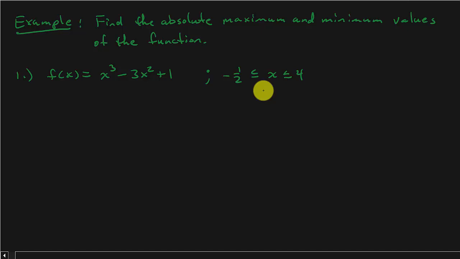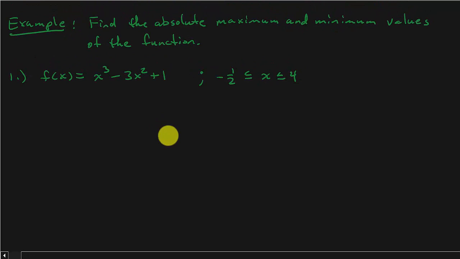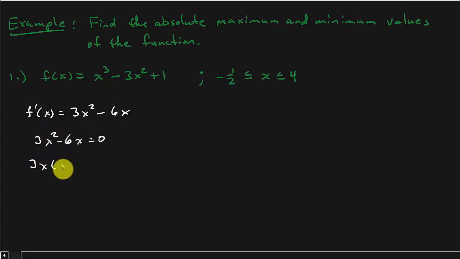All right, so what does it say? Evaluate the critical numbers and the endpoints. I've got the endpoints, -1/2 and 4. Now what I need to do is find the critical values. So to do that, I've got f prime of x equals 3x squared minus 6x. I take this and set it equal to 0. That's 3x times (x minus 2) equals 0. So x equals 0 or x equals 2.